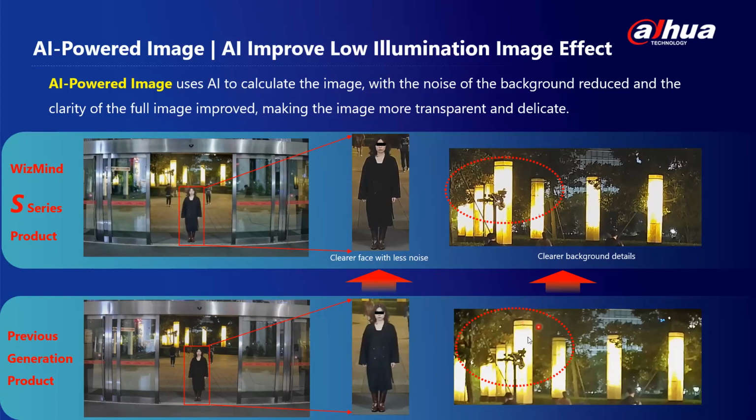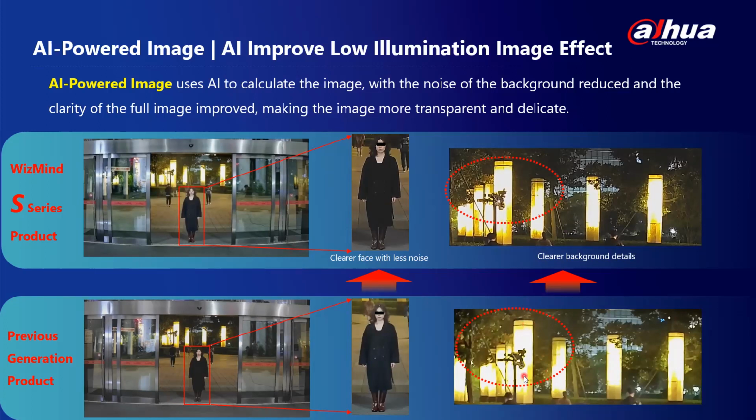Now on the background, the output generated by the WizMind 5 IPC product tends to get some reflection of this source of light, affecting the background image. You can see the background is not seen clearly because of the reflective light source.